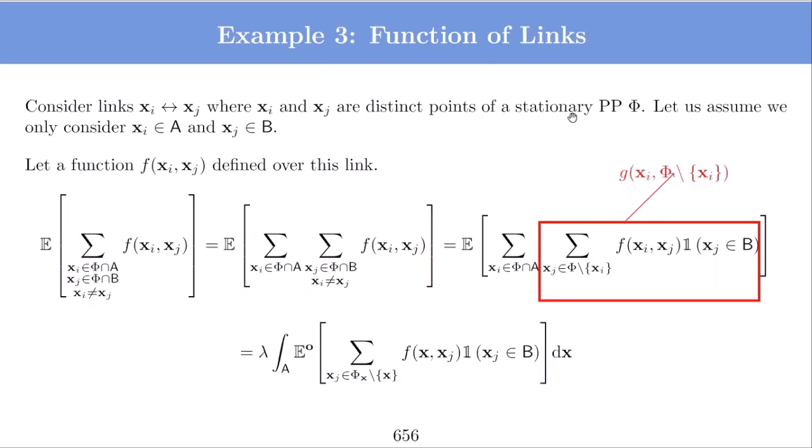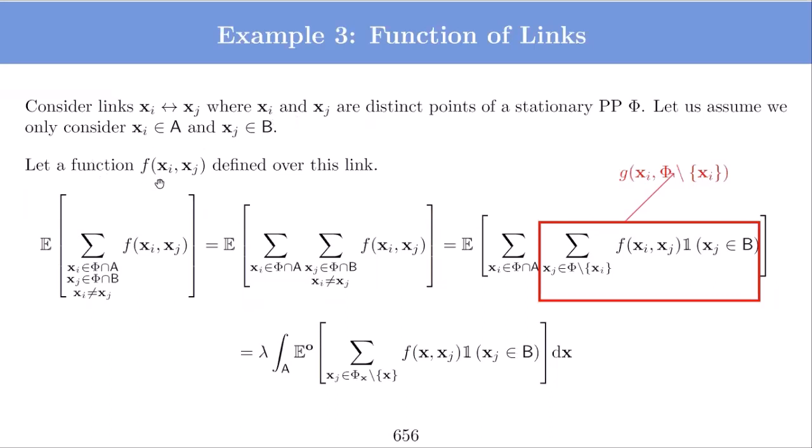Let us assume we only consider specific sets A and B, where the first endpoint of a link should be in A, and the second endpoint of the link should be in B. That is just for a specific case. You can of course take A and B to be the complete R^d.